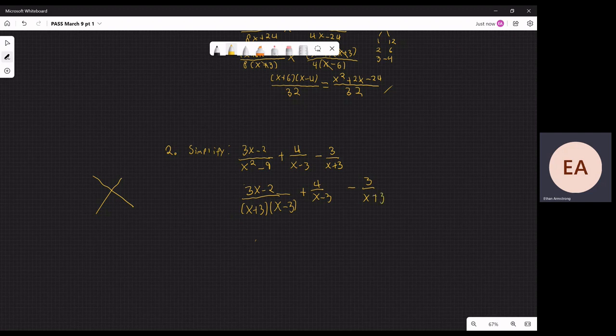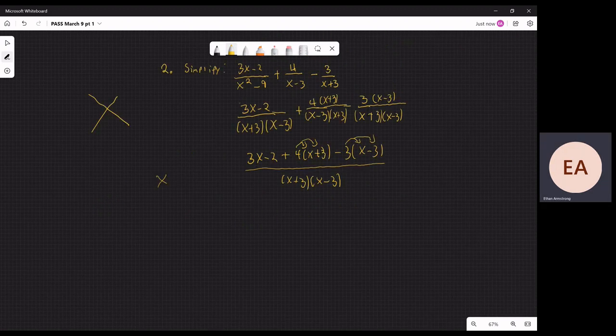And now what we want to do is get a common denominator for all these terms. So in order to get a common denominator, we are going to multiply this 4 and 3 by the corresponding denominator. So we times this by x plus 3 over x plus 3, and this one by x minus 3 over x minus 3. And expand this out.